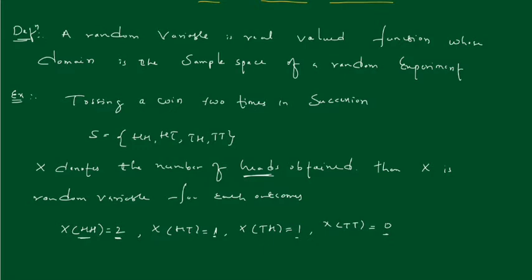So more than one random variable can be defined on the same sample space, right?